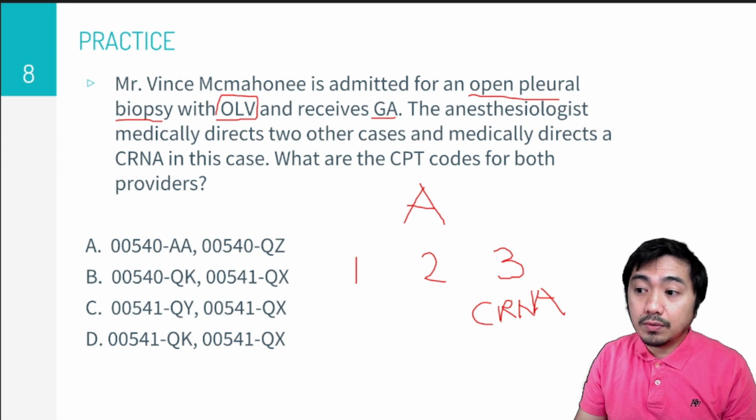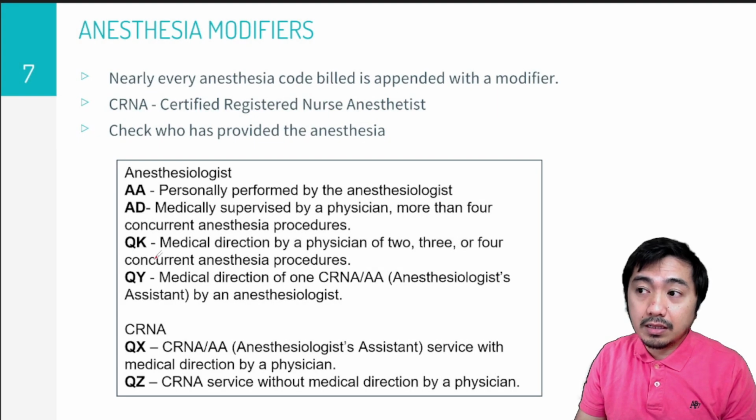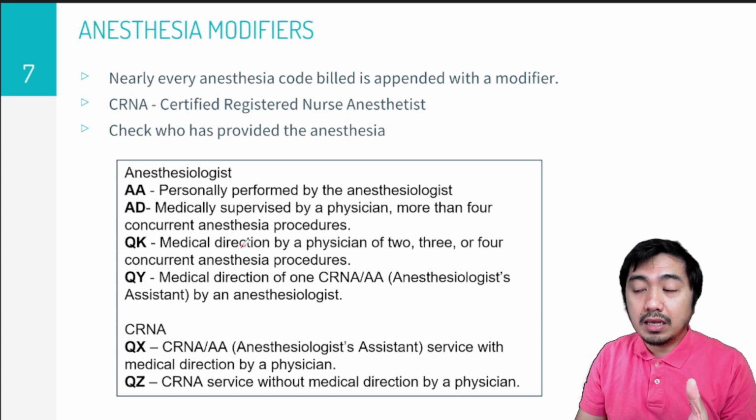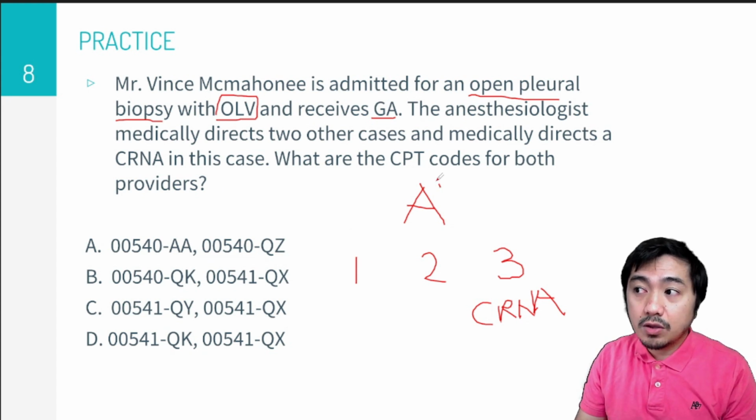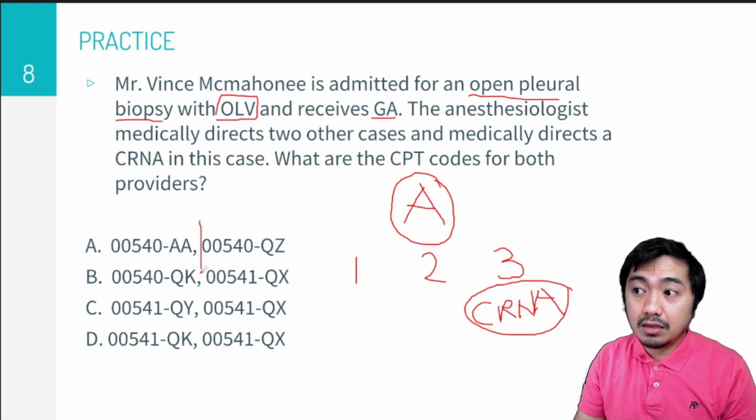Please take note that your modifiers can also be appended for the anesthesiologist even if he only directs other cases during the procedure, even if he or she did not perform the anesthesia personally. And then in this question itself, it's mentioned, what are the CPT codes for both providers? So that means one code for the anesthesiologist and one code for the CRNA. Okay, let's check your code sets here in the choices.